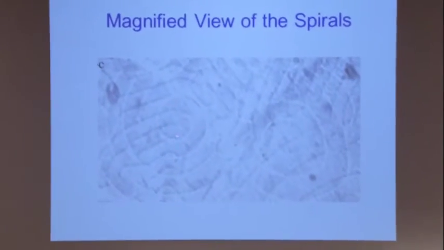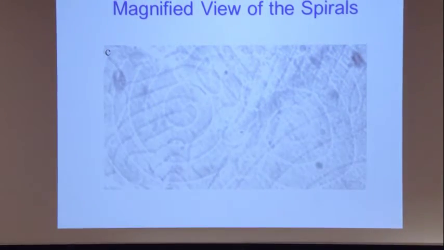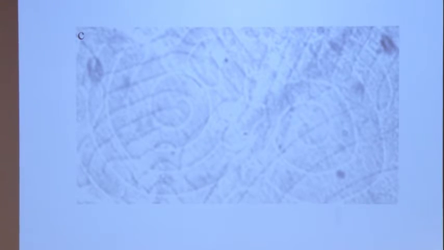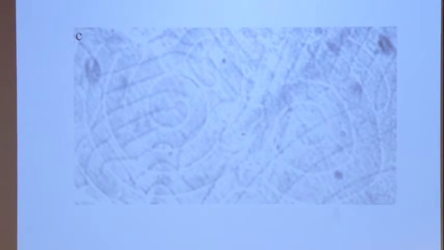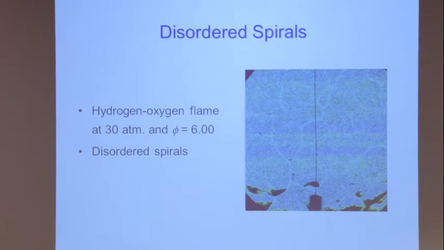There are other things, okay? There are spiral flames. Let me show you. If you look at them, isn't it beautiful? The flame surface, counterflowing spiral flames. They occur; it's no special case. Spiral flames, beautiful spiral flames. And they can be disordered spirals.